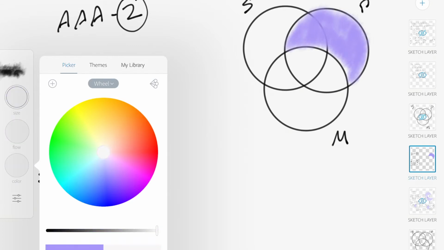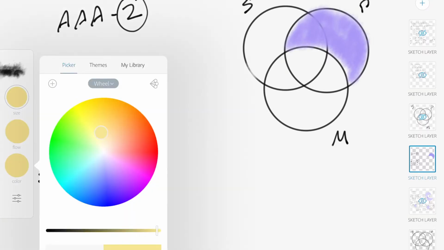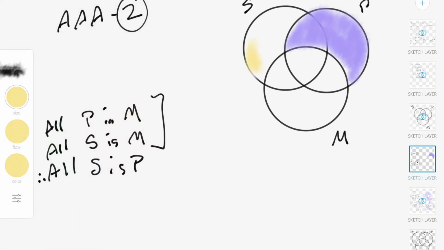I'm going to change the color so you can see. We're going to diagram the region of S outside of M. So notice there's some overlapping shading. It's hard to see when these colors collide, but you can see when we diagram the region of S outside of M, we've diagrammed all S's are M's.